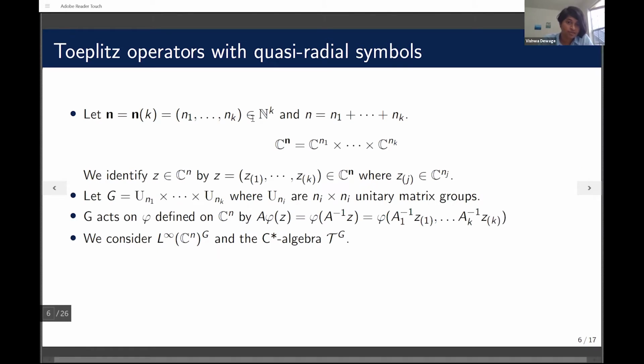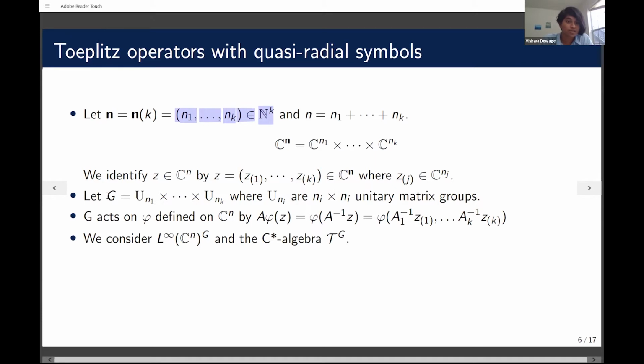Now, in our case, we discuss quasi-radial symbols. So to define quasi-radial symbols, we fix a k-tuple n, and we let n be the sum n1 up to nk, and we can identify c in Cn by the tuple c sub 1 up to c sub k, where the cj's are in C^nj, and we define the group G depending on the k-tuple that we fixed to be the product of these unitary groups.